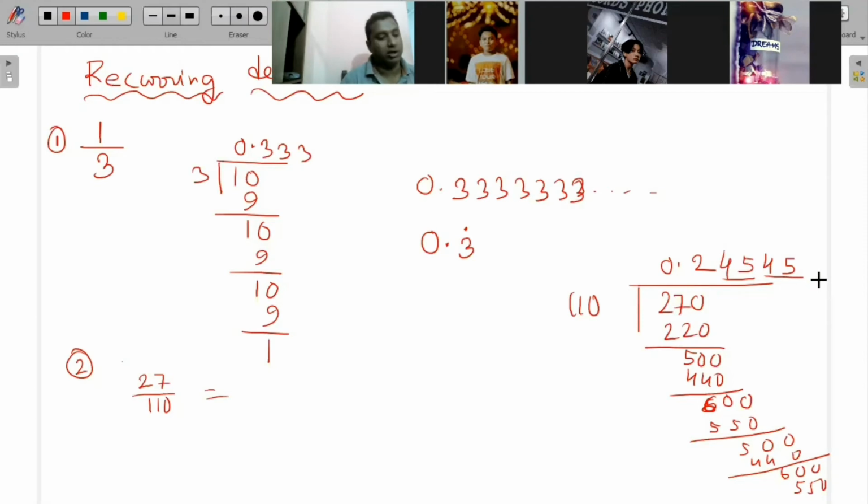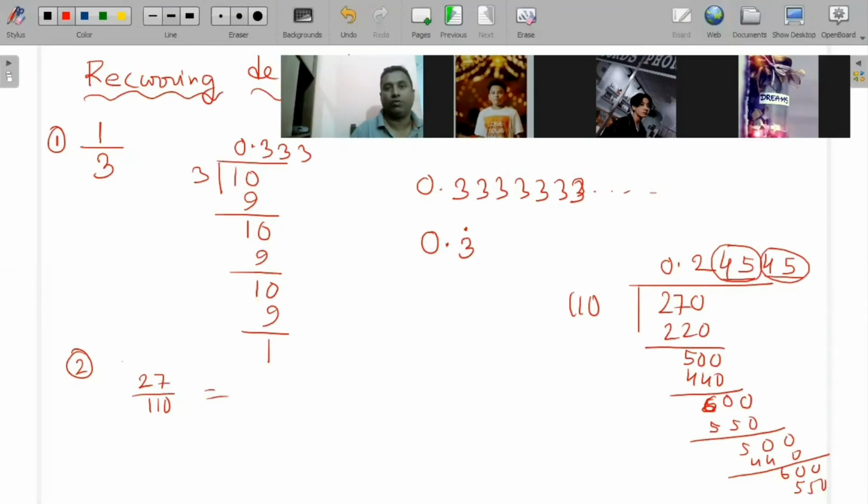If you go more, you will see 4 5 4 5 all the time. So for this reason, we will just write 0.2, then 4 is repeating, 5 is repeating, as a recurring decimal.